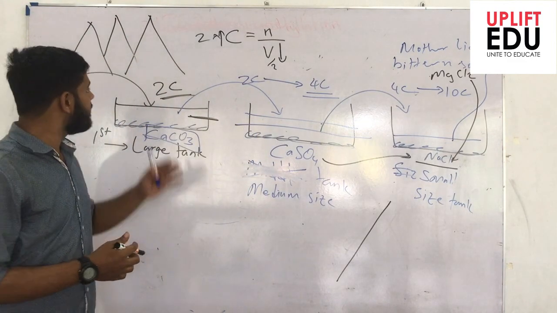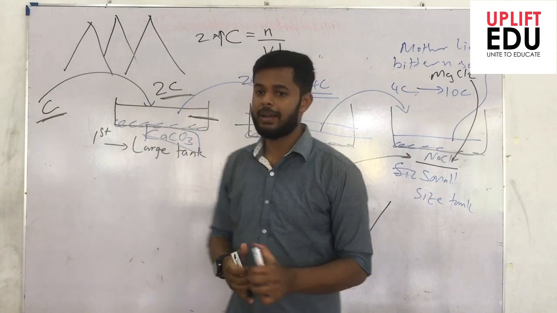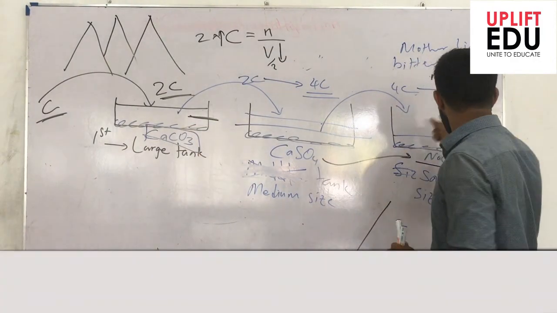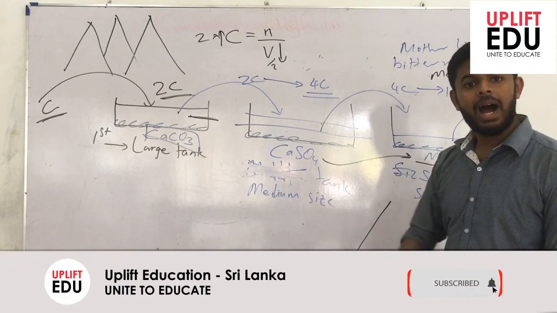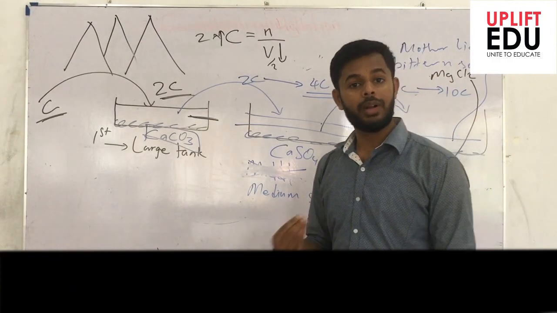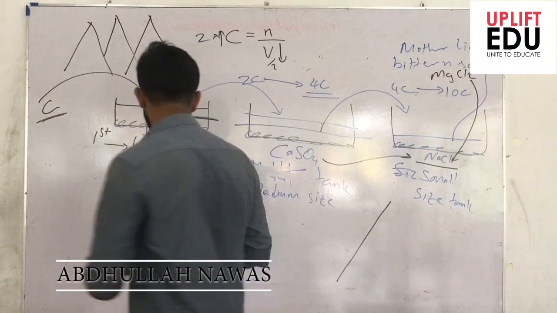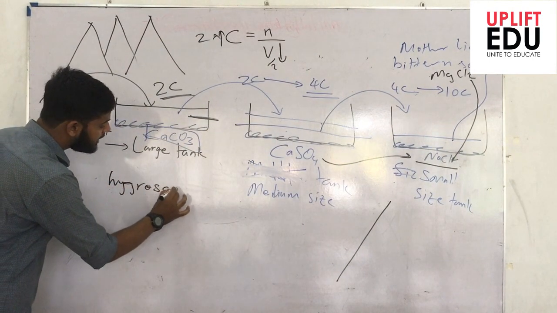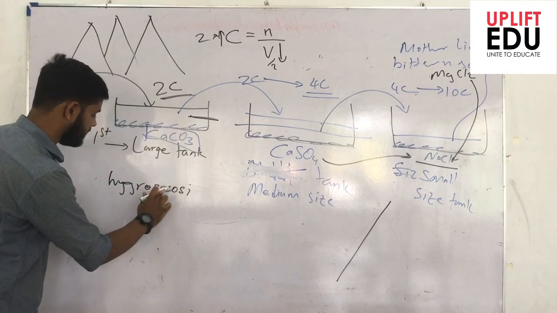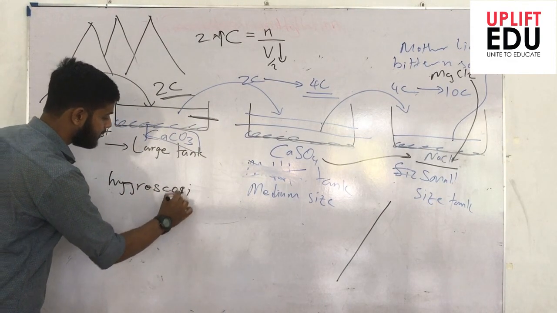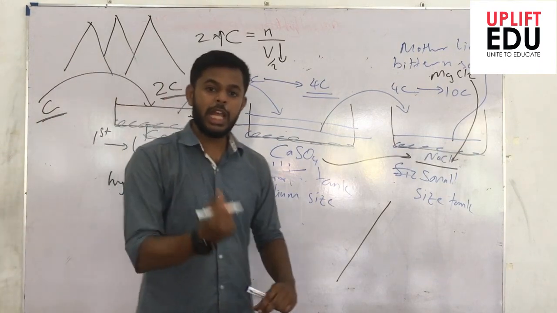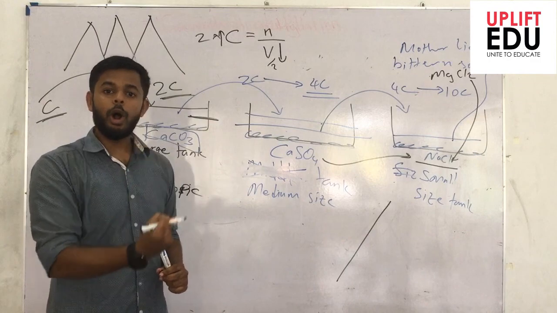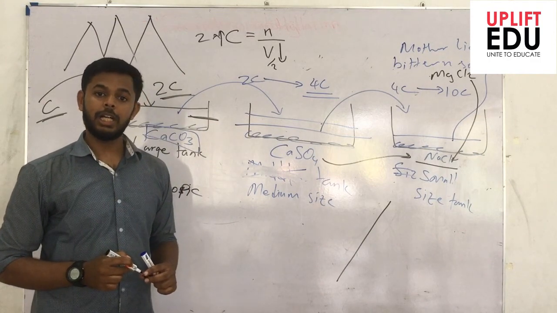The reason they keep this mounted as heaps is that calcium sulfate and magnesium chloride are hygroscopic and sodium chloride is not hygroscopic. What is hygroscopic? Hygroscopic is the nature of a salt to absorb the water vapor present in the atmosphere.